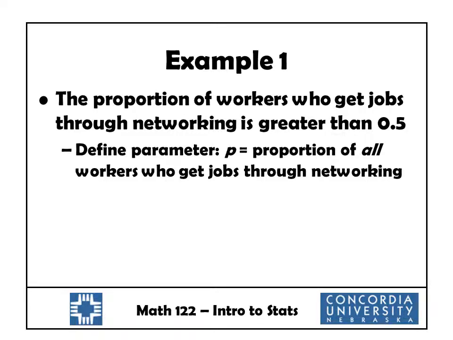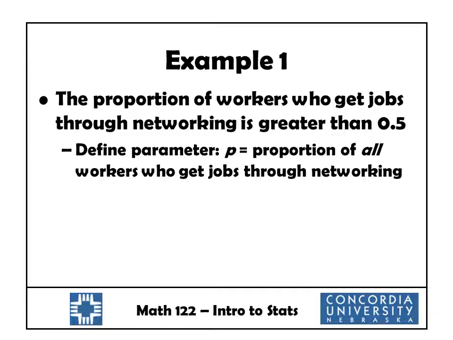Okay. Now the first thing we're going to do when we begin to set up our null and alternative hypotheses is to define the parameter. Now this is a step that the book doesn't do, but I do because I think it's important. When we define the parameter, we simply state what it is we're making a claim about. We're not simply restating the claim.